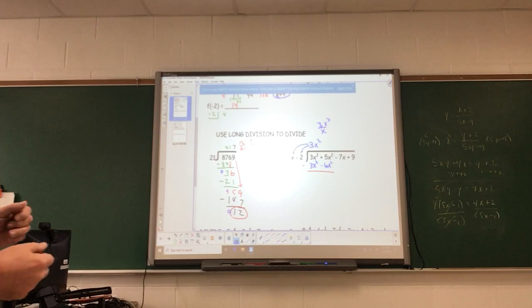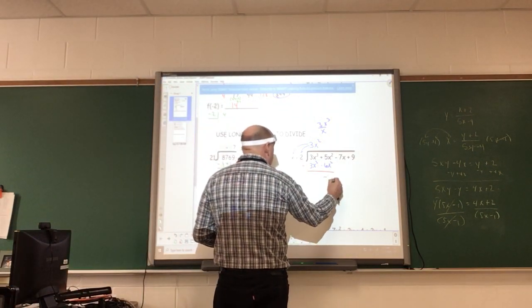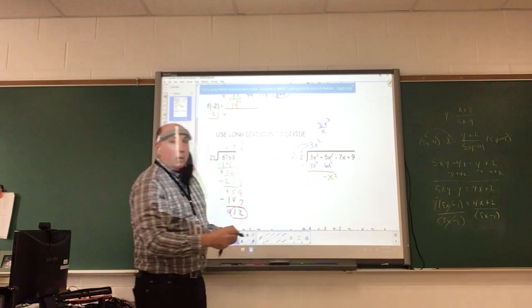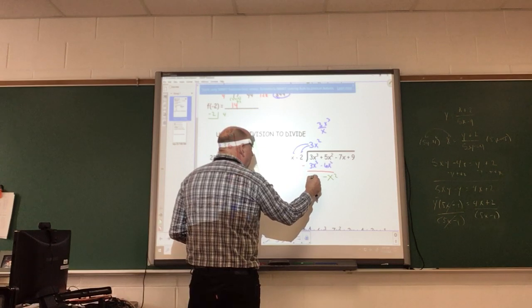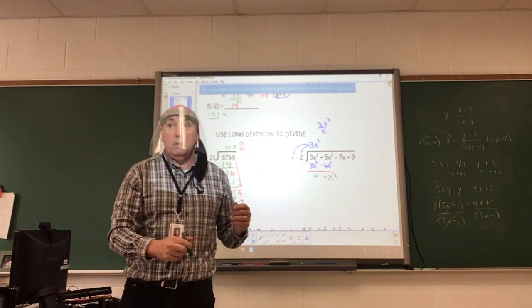No, what'd you come up with? Negative x squared. Because these terms cancel out. 3x cubed minus 3x cubed gives me 0. They cancel out, and that's what we want, just like the 8 and 8 cancel out.